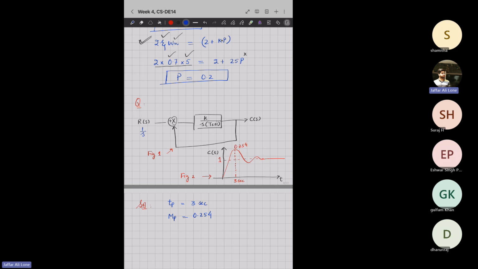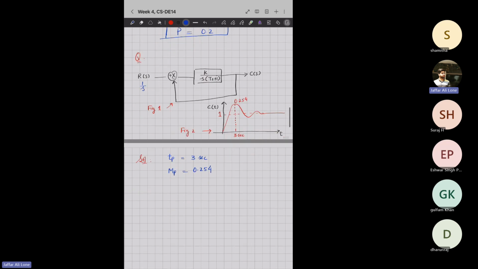Now, you see your system on the right has negative feedback, a unit step input, and it is a second order system. If you just evaluate it, you will see it's second order. For a second order system with step input, you already know the formula for peak overshoot. So what is the formula for peak overshoot?